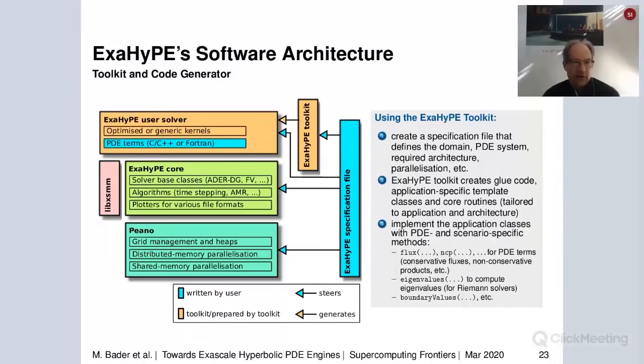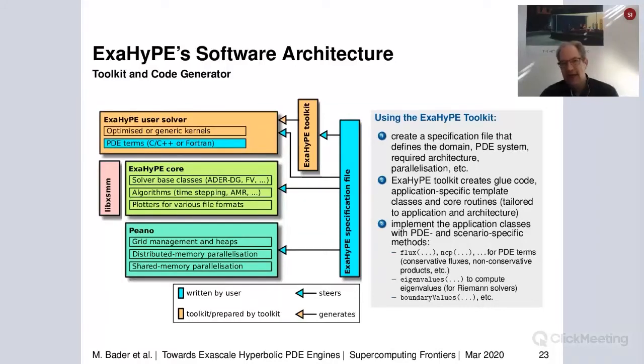This is a cartoon of the software architecture of ExaHyPE. The cyan or blue parts, the PDE terms and the ExaHyPE specification file, are what a user of the engine would provide. You have to create a specification file that says: what's my computational domain? How does my PDE system look? Does it have nonlinear terms, for example? And in which order of discretization do I want to work?